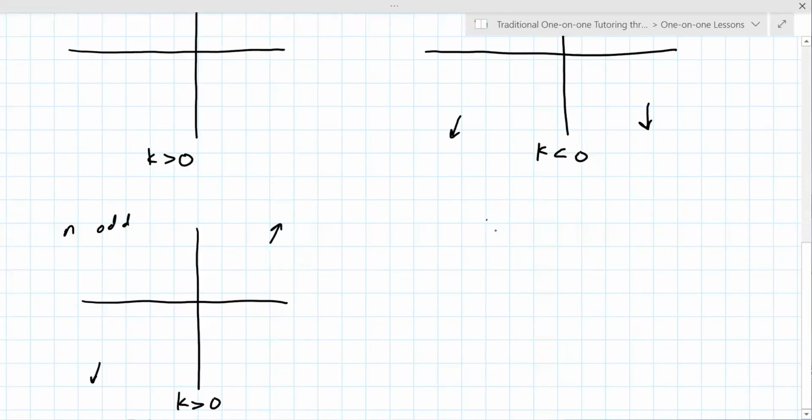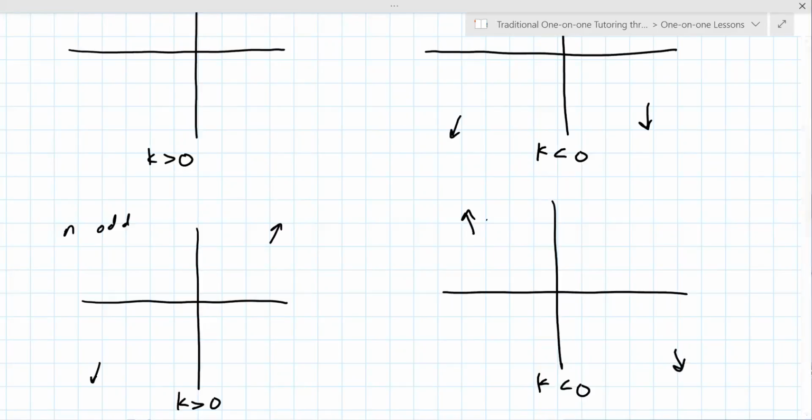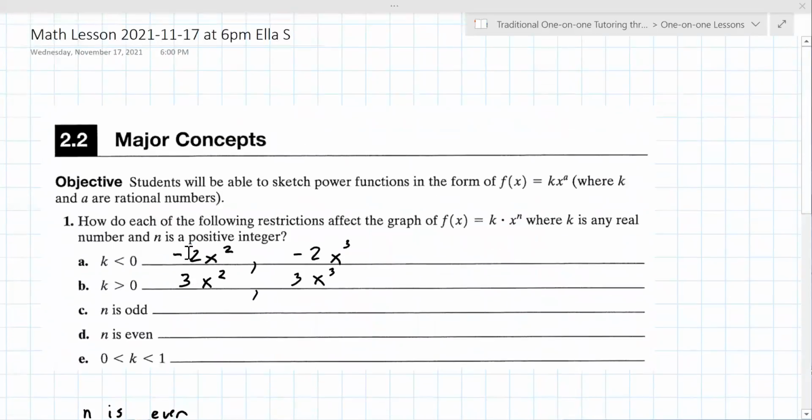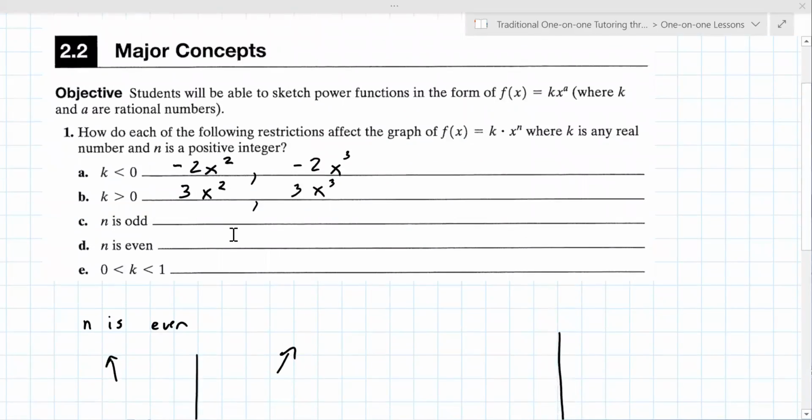But if k is less than 0, it starts high and ends low. So that's in short how we answer this. It's these graphs. It's the end behavior. You're trying to figure out what the end behavior does.